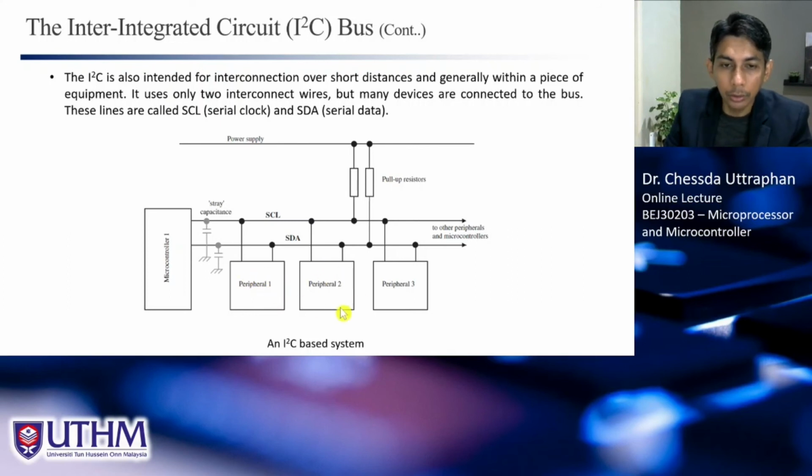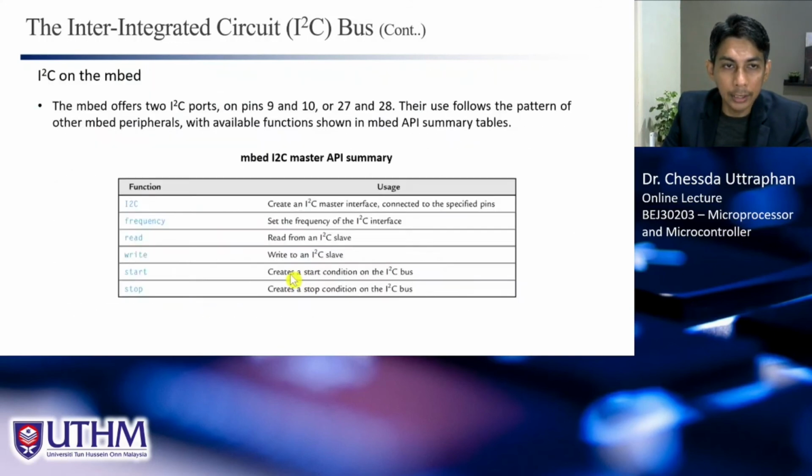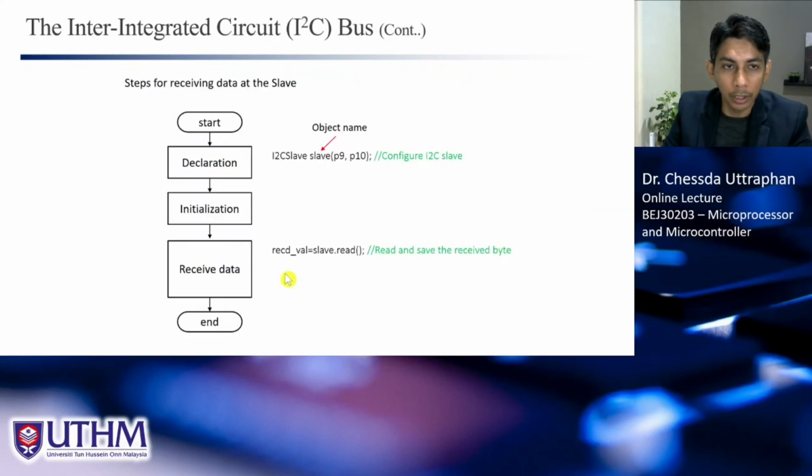And also the peripheral can be another microcontroller, right? For example, we want to send the data to another microcontroller. So that microcontroller can be defined as a slave. So this is the setting for the microcontroller that we set as a slave.